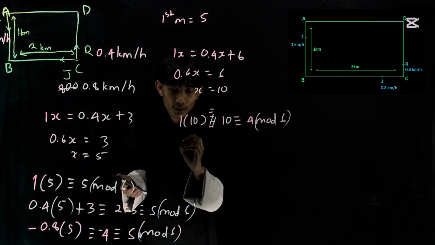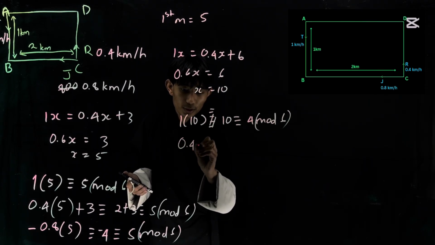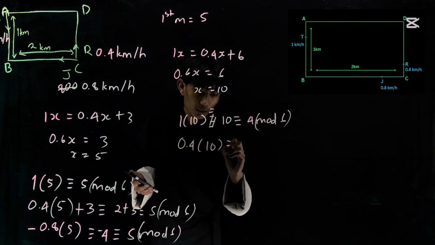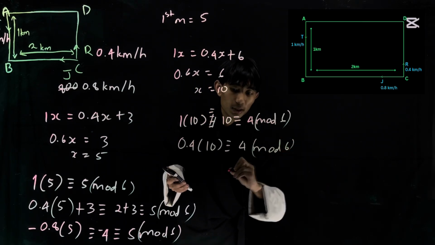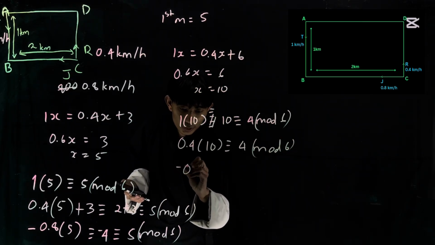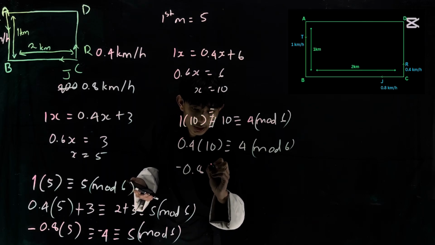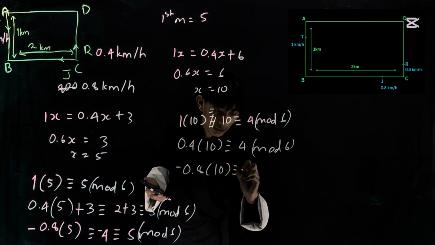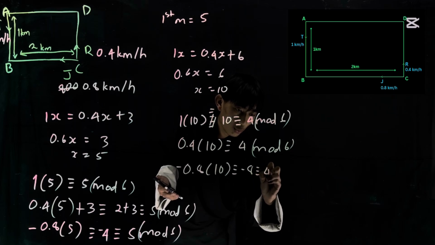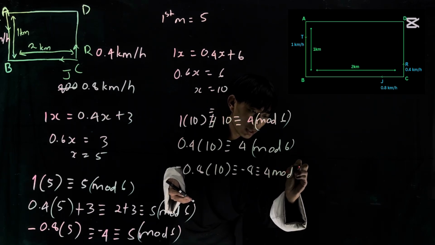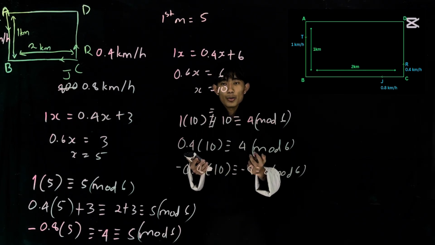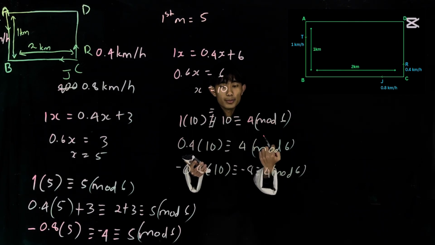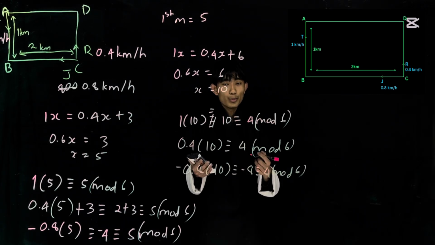And we have 0.4 times 10, which is congruent to 4 mod 6, as we can see over here. And then we calculate for Jigme, so it will be negative 0.8 times 10, which is negative 8, which is congruent to 4 mod 6. So we can conclude that they all meet for the second time 10 hours after their first meeting, since they are all at the same position.